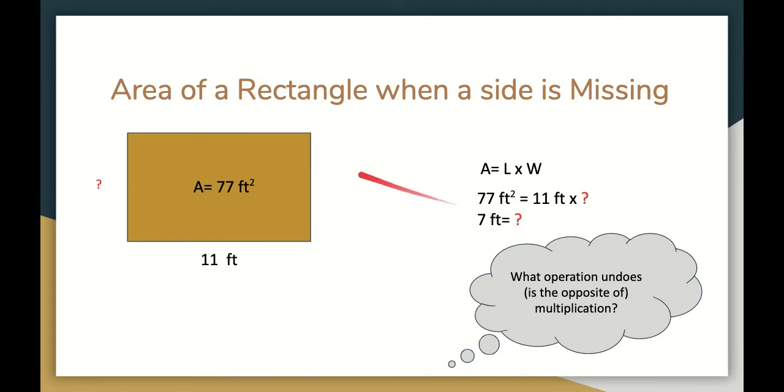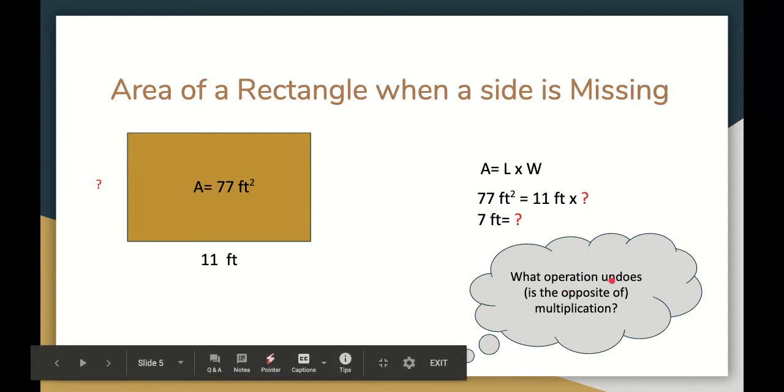Now this time I'm given the area equals 77 feet, and I'm trying to find, what's this missing side? What does this red question mark equal? Well, if I know that 77 is my area, and I know that 11 is my length, what is my width? Well, I have to use the opposite or the inverse operation.